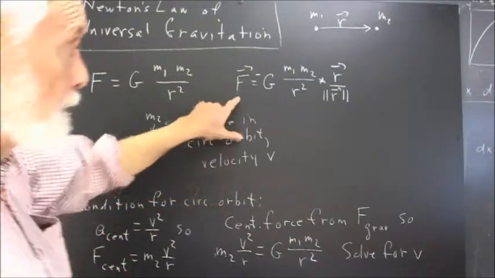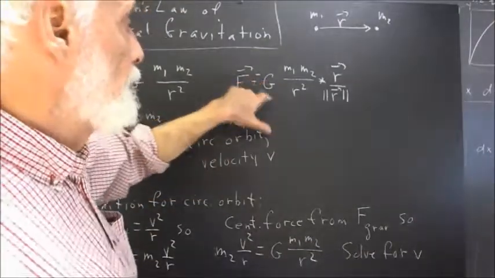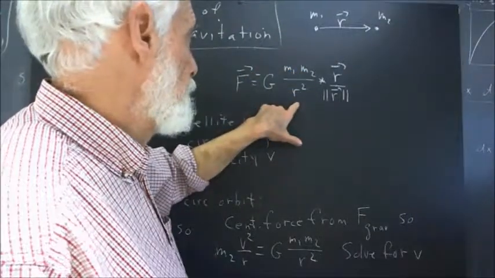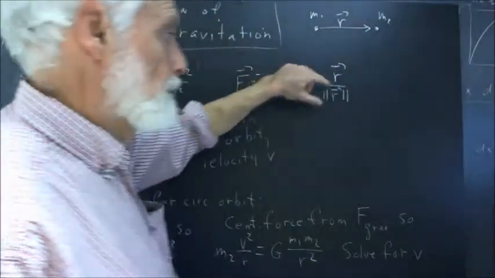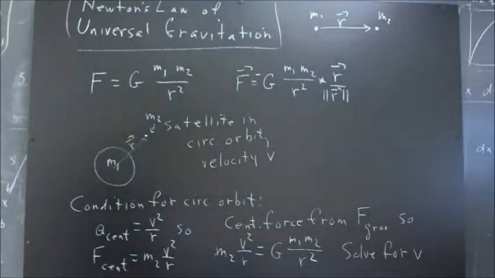Now, a more rigorous law: F is negative G times M1 M2 over R squared, multiplied by R over the magnitude of R. This has to get a little bit more specific.